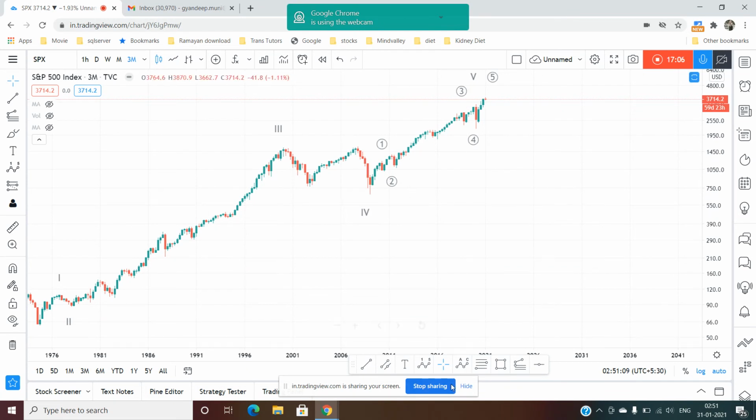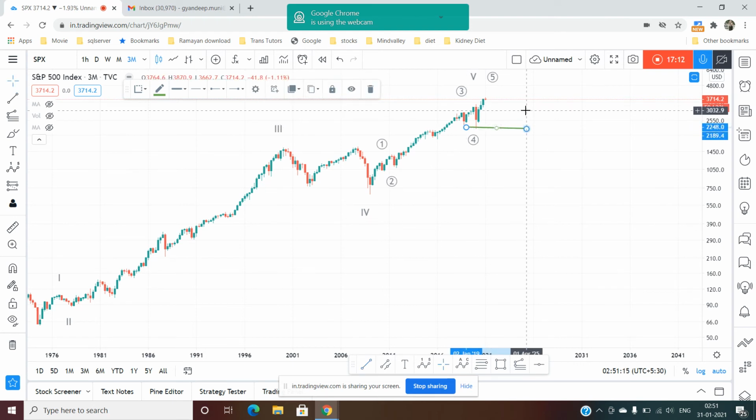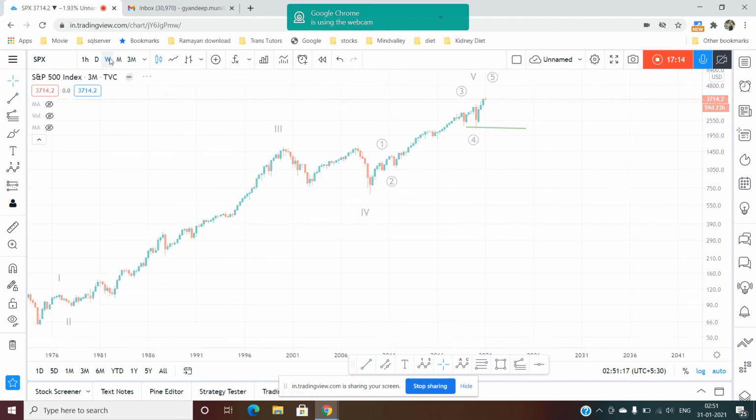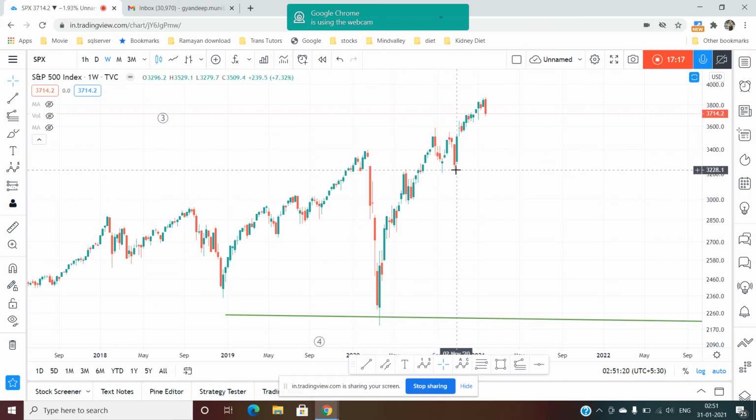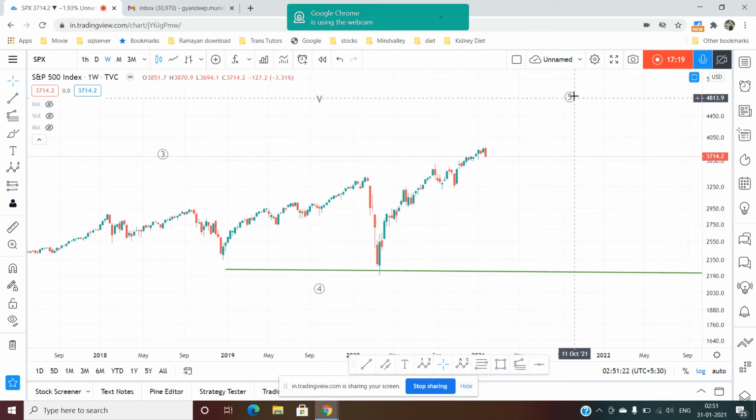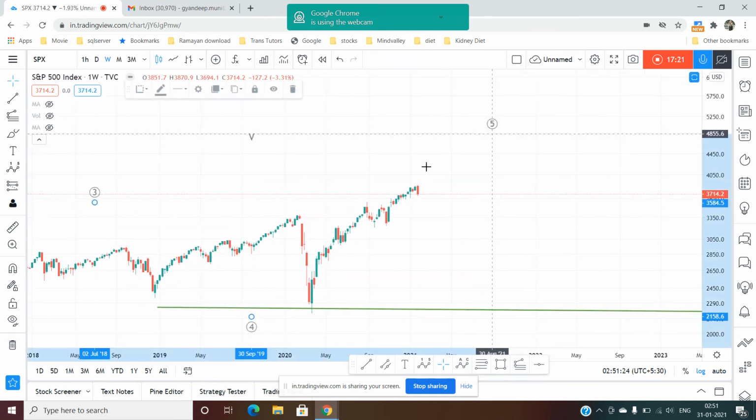Now this is the point where we have to take a pointer to see where we are right now. So we go to the lower chart, like the weekly chart here, and we put everything right here.